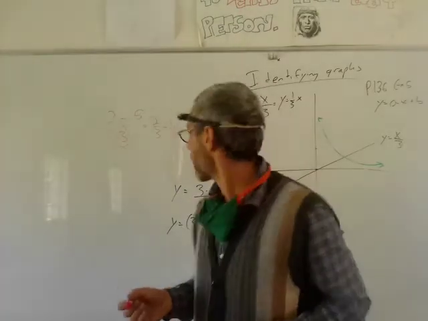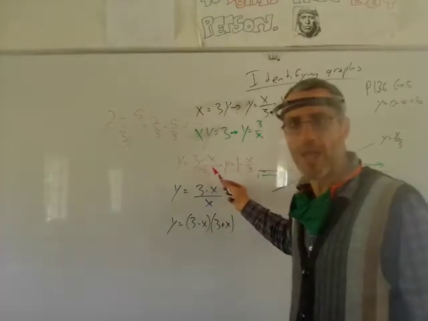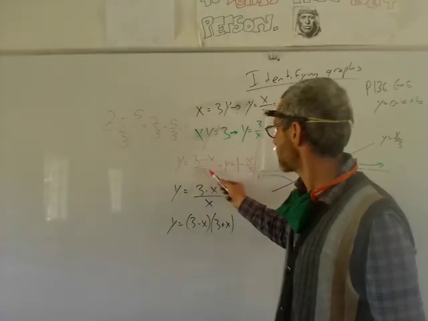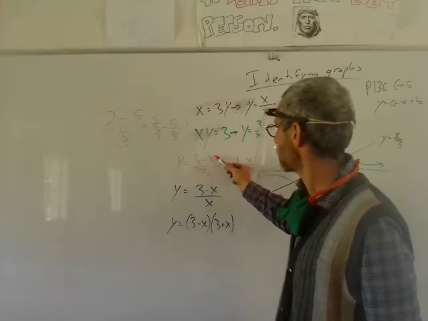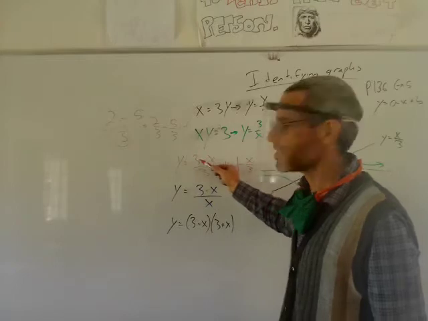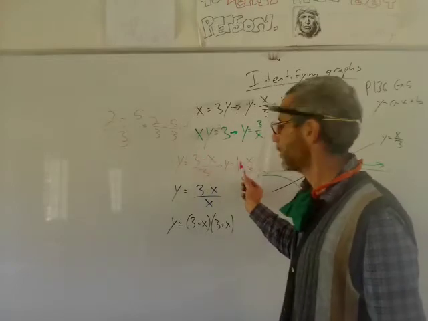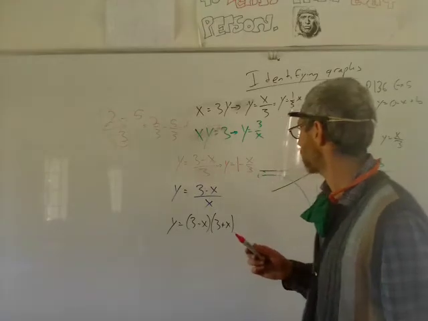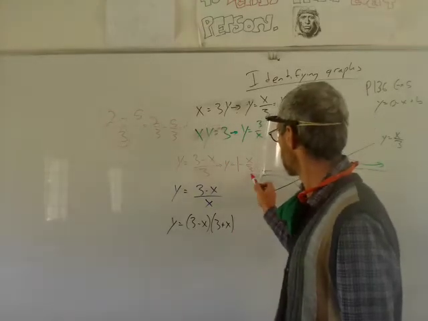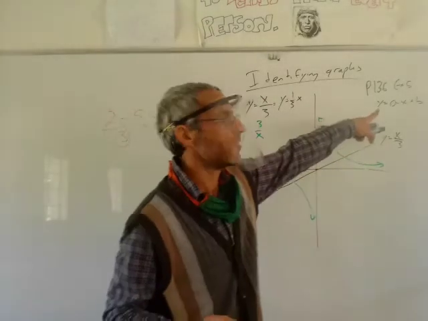So you can do that with fractions. You can also do it when you have x's. So 3 minus x divided by 3 is 3 divided by 3 minus x divided by 3. 3 divided by 3 is 1. So the function is y equals 1 minus x over 3. Now, what kind of function is that? That must be a linear function.